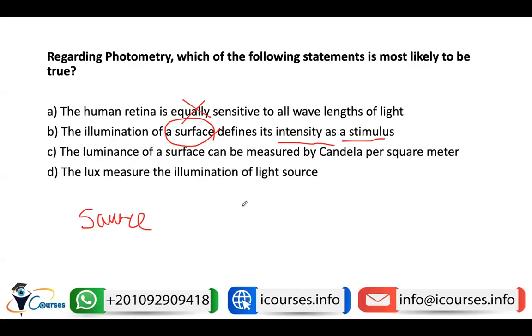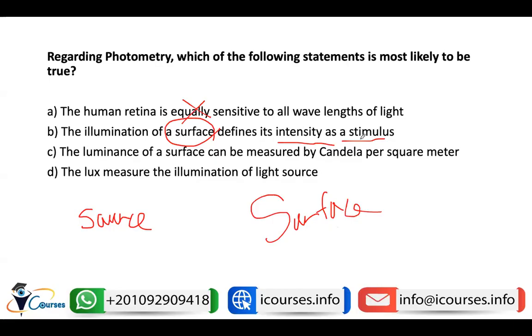And there are other terms that describe the light reflected on the surface. They are not measuring the light coming from the source, but the light reflected from the surface.